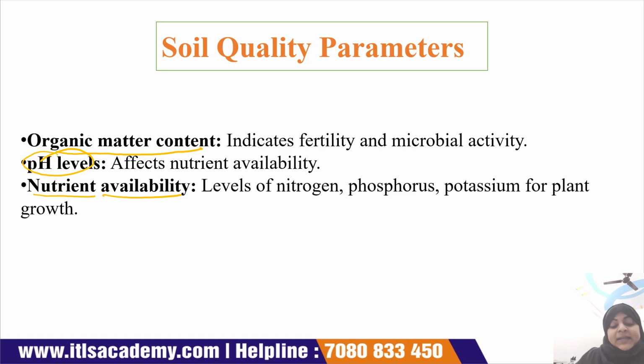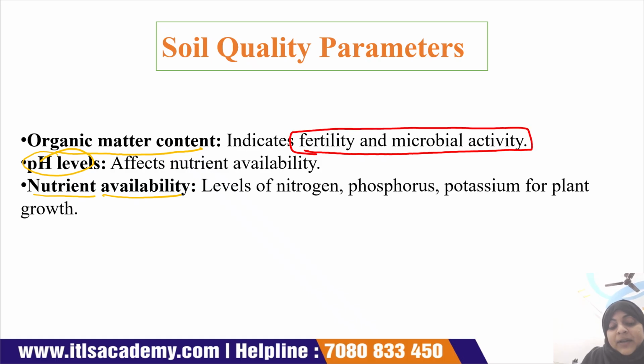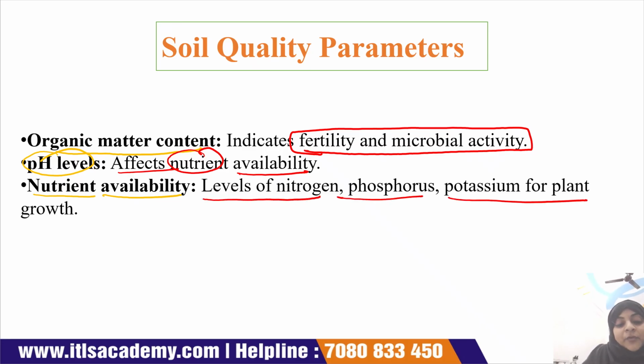The first is organic matter content, which indicates the fertility and microbial activity of the soil. pH level affects the nutrient availability of the soil, and nutrient availability means the level of nitrogen, phosphorus, potassium for plant growth.